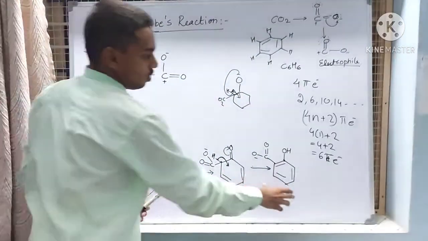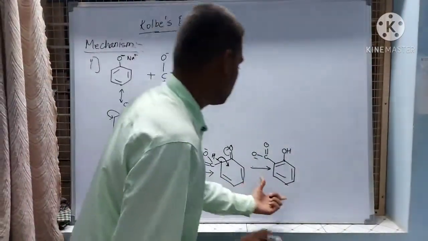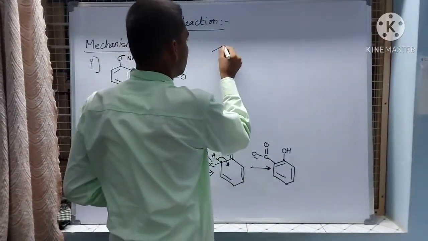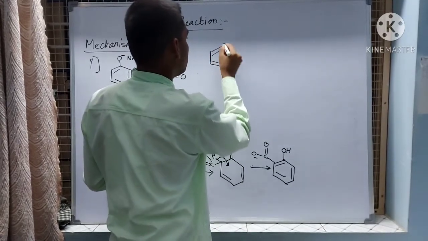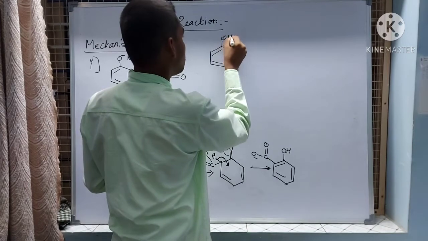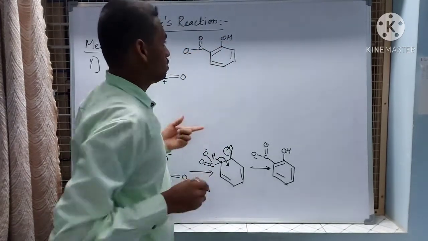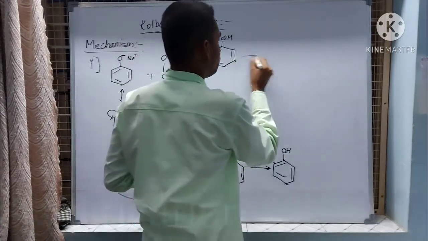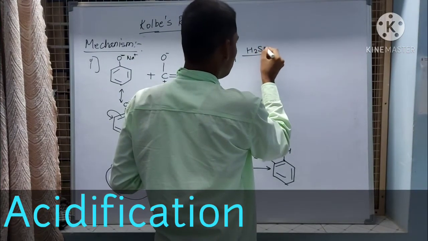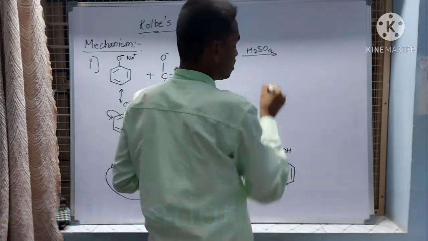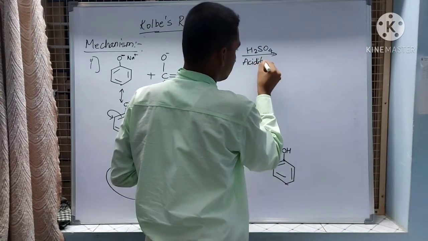Now we are almost coming to the end of this reaction. What product I got, let me write it here. This is going to be the OH, and this is the double bond, this is the minus sign. What I'm going to do is acidify, using sulfuric acid.